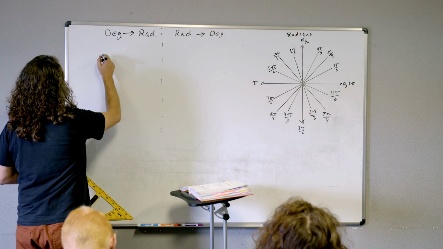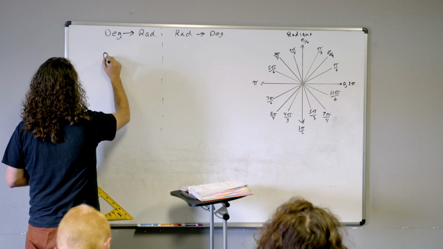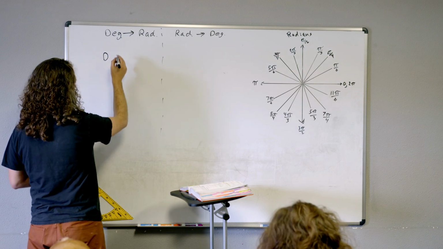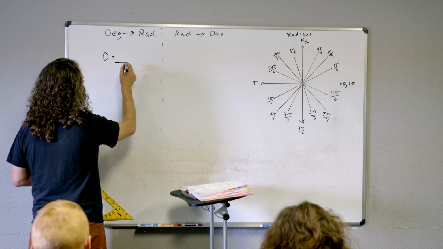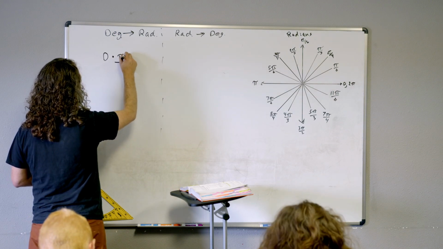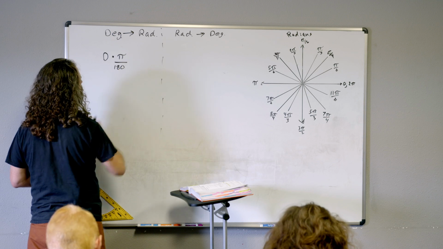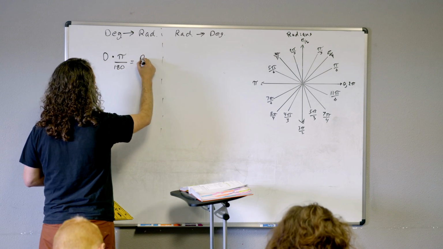If we start in degrees, we have to multiply times pi over 180 and that will give us radians.